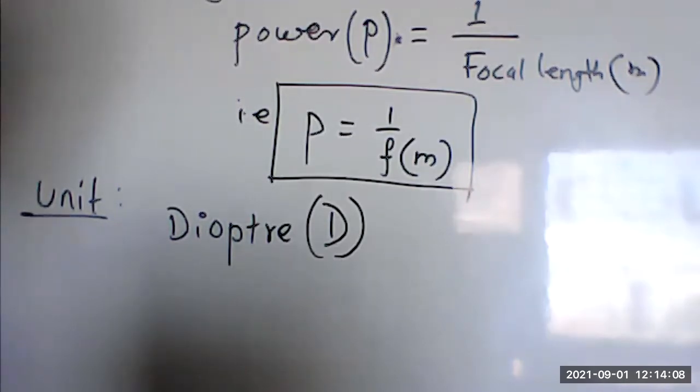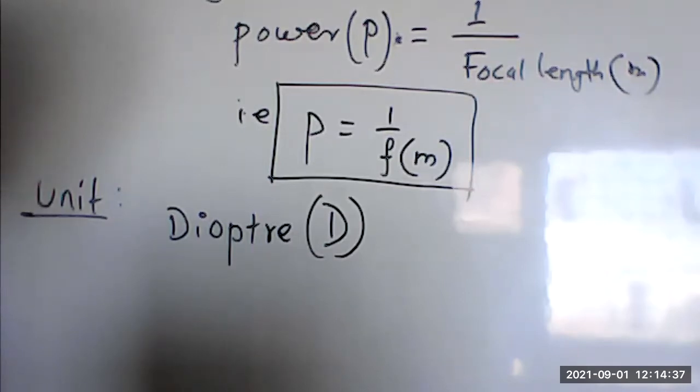Sudeep, what is the SI unit of power of lens? Sudeep, what is the unit of power of lens? Means you are talking there unnecessary things, not listening here. I'm asking you the unit, not the definition. Did you write that question?